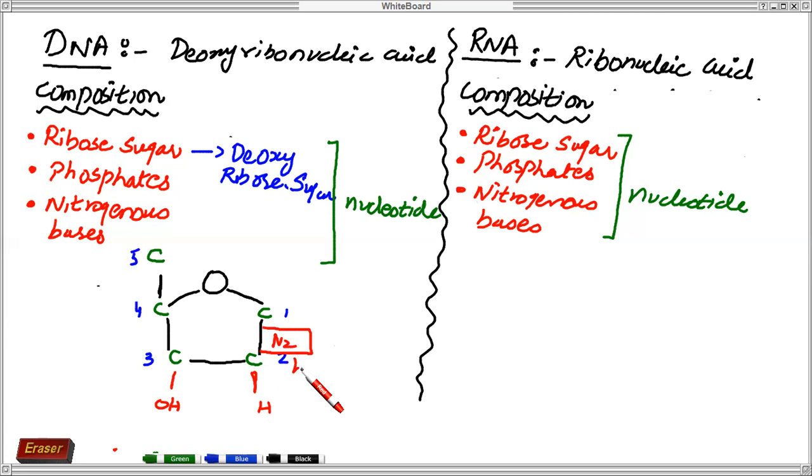I will tell you what the nitrogenous bases are. And on the fifth carbon, 3 phosphate ions are attached.